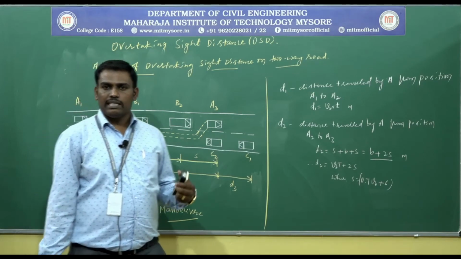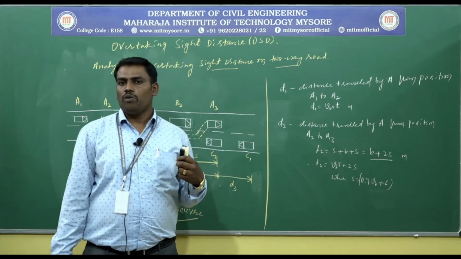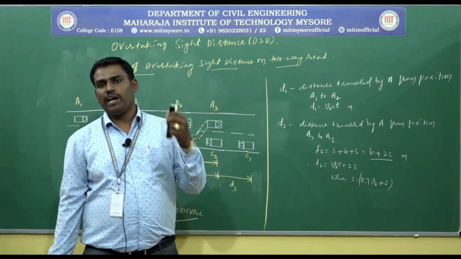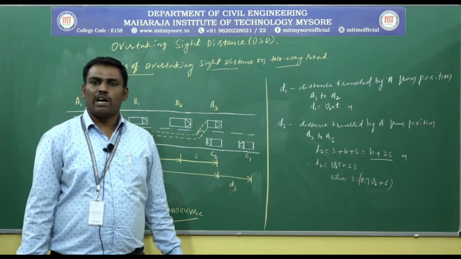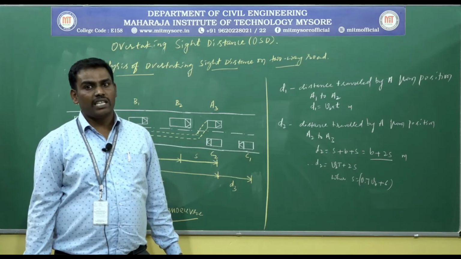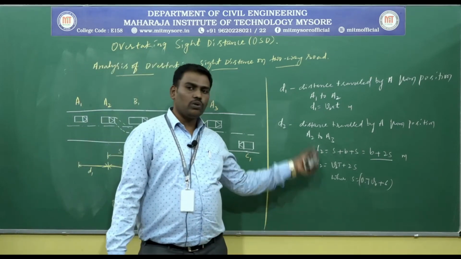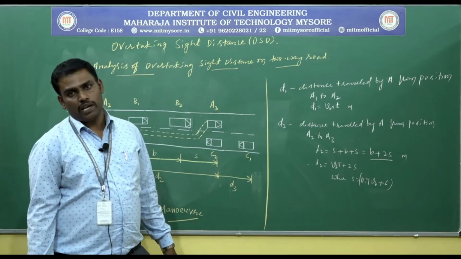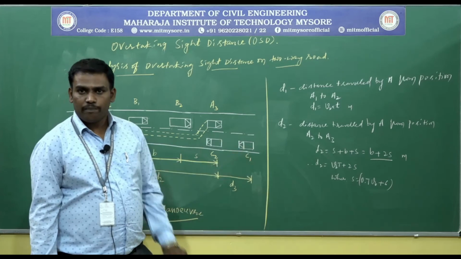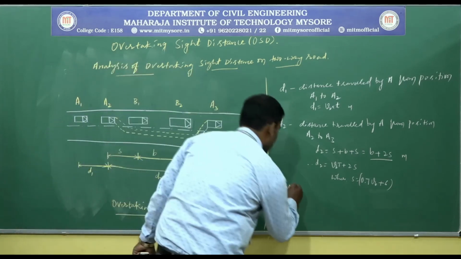We know that the distance travelled by a uniformly accelerated body is V T plus half A T square. Equating D2 to that distance, we get the value of T. Is it clear?